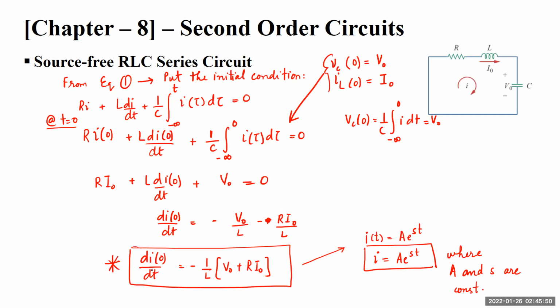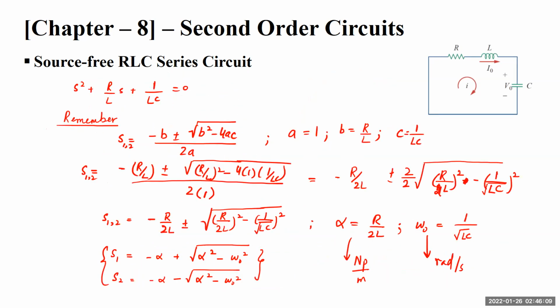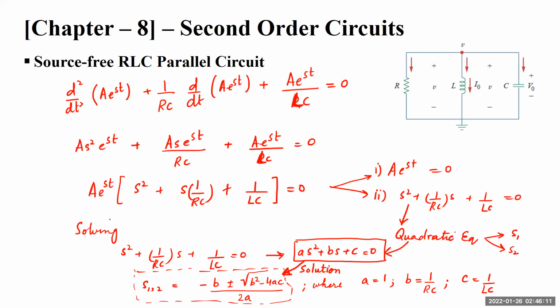This equation will help us in finding out the second differential initial condition, di0/dt. So we are basically using this equation from our previous lectures on source-free RLC series and parallel circuits, right? So we are using this.